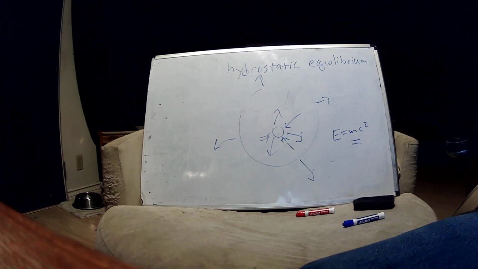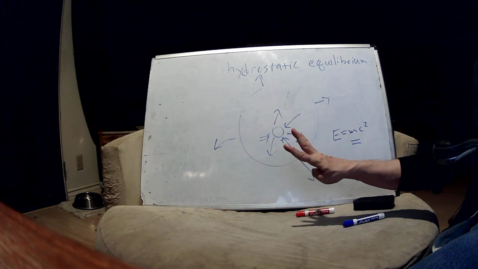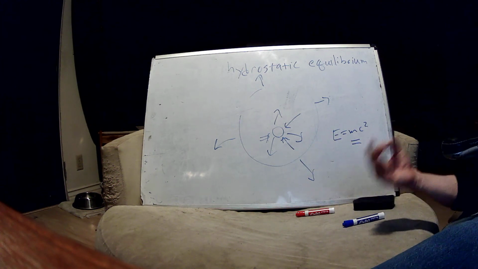Now, in order to explain how we take 4 hydrogens and smash them together to make a helium atom, you have to know a couple of things.